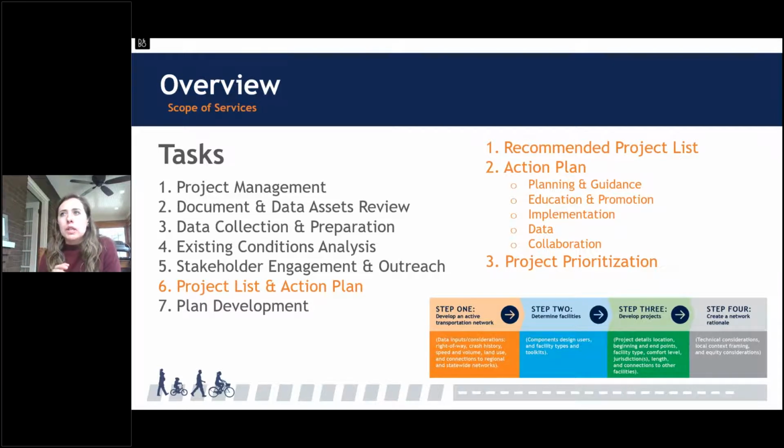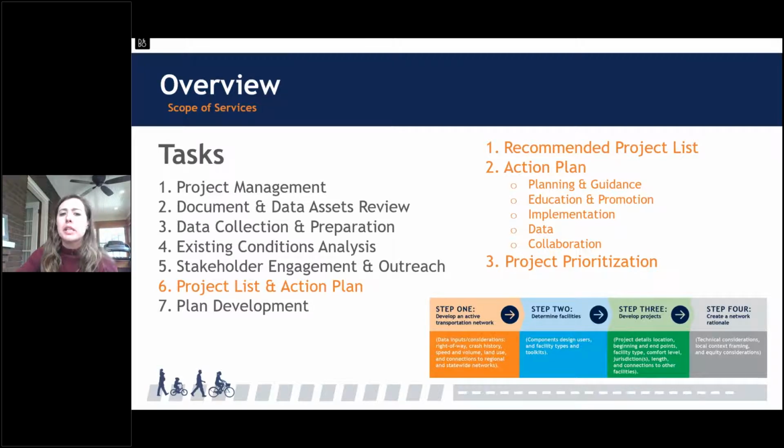And we will look to organize that similar to how we've organized our action plan in Walk.Bike.Ohio. A little bit of flexibility here, but in general, these are the ways in which we've organized the strategies within Walk.Bike.Ohio: planning and guidance, education and promotion, implementation, data, and collaboration.